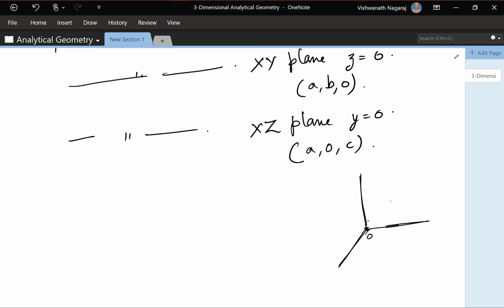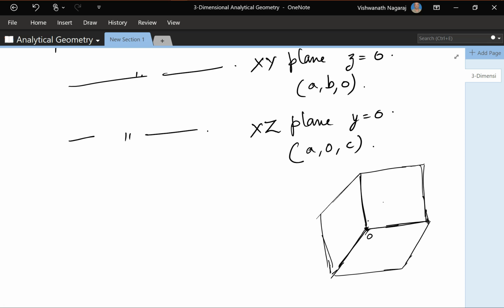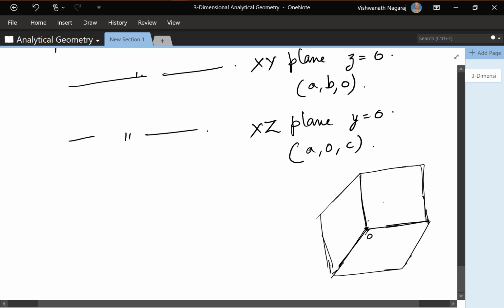And now try to figure out where the various points would be. Room, right? So something like this it will be. Okay. So if a point is somewhere in the middle of the room, then you have to go in x direction so many steps, in y direction so many steps, and the point may be so many steps above the floor. Okay. So that is one part of it.